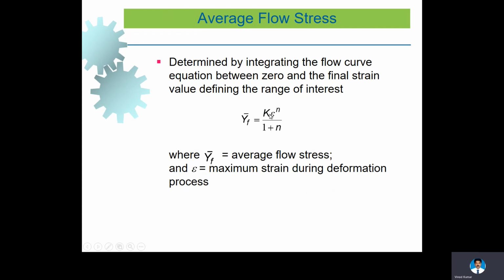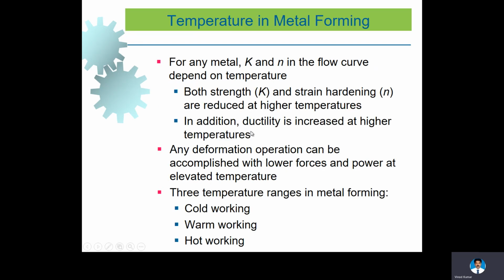That means at higher temperature, when K and n get reduced, you need less flow stress to produce plastic deformation in the material. In addition, whenever we increase the temperature, ductility increases. That means we can easily produce deformation in the material.